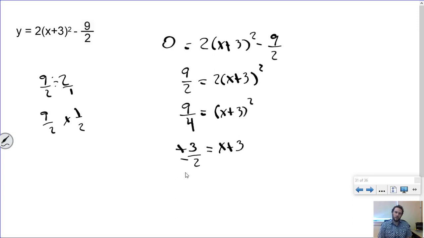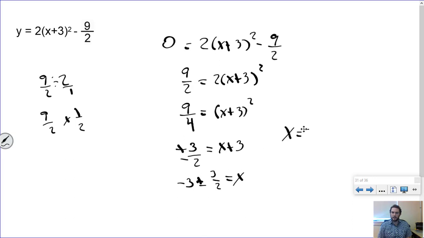Let's take the 3, move it to the other side, so we get negative 3 plus or minus 3 over 2 is equal to x. And then it's just a matter of adding to find our two answers. So negative 3 plus 3 over 2, we would use a common denominator, right? So negative 3 is negative 6 over 2.